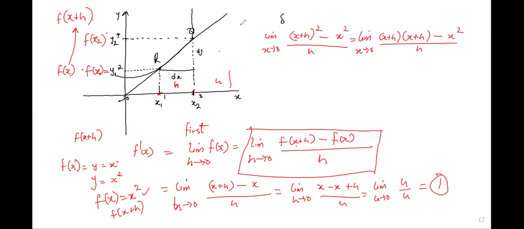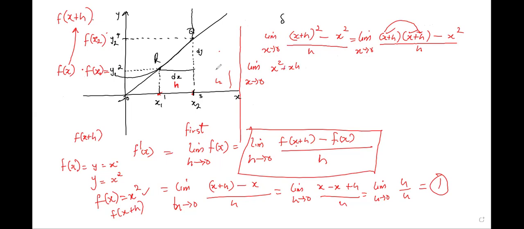So we are going to continue here. We have the limit as h tends to 0, then we multiply x squared by x squared, then x by h gives us xh.